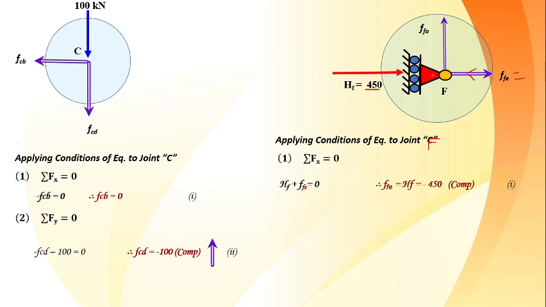Because when there are three members or forces, and 450 and 450 are collinear, the third has to be equal to 0. You can prove it. Here Fy is equal to 0, so only one force is there. FFA is equal to 0. Got it? So this is how we have to do the analysis for this particular joint F.